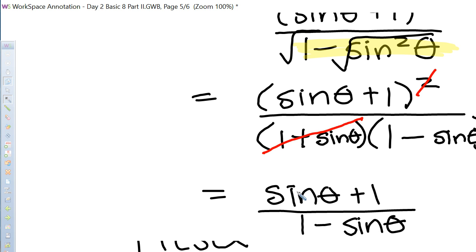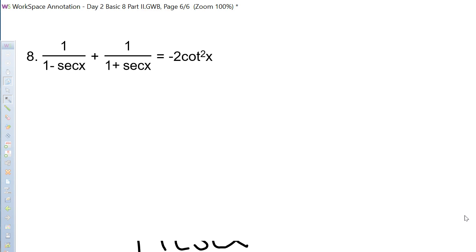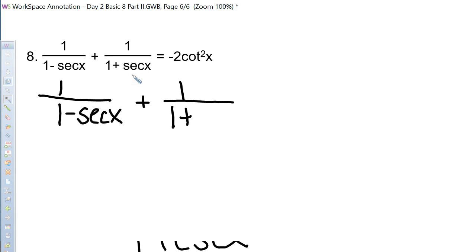Okay, the last one. I want you to do this one. So for number 8, start with the left side. You need to start with 1 over 1 minus secant of x plus 1 over 1 plus secant of x.